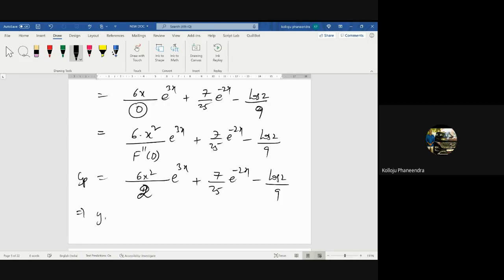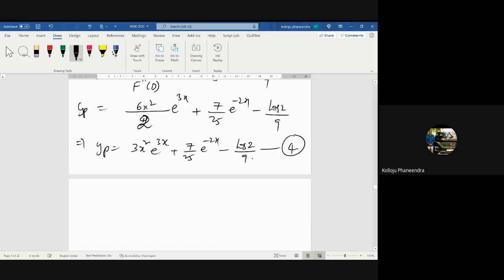There is no D term now, so we have finished. This is 3x square e power 3x plus 7 by 25 e power minus 2x minus log 2 by 9. This is equation 4, yp. The general solution of equation 1 is y of x equal to yc plus yp.